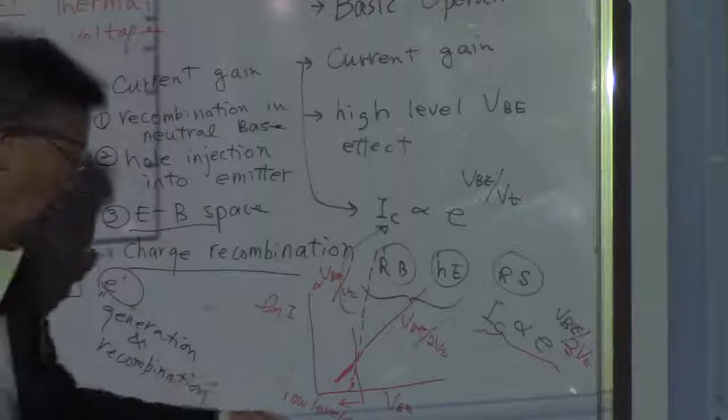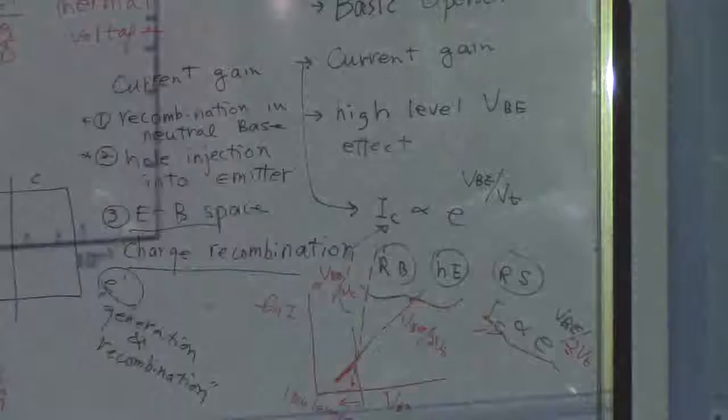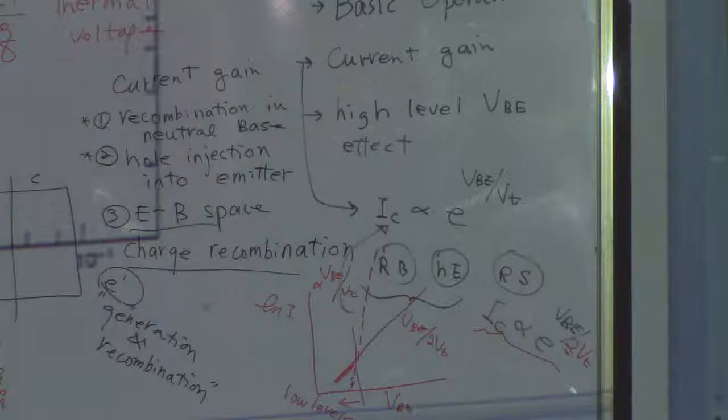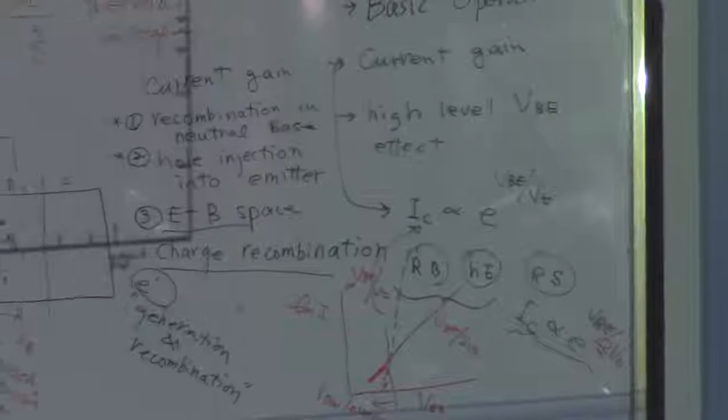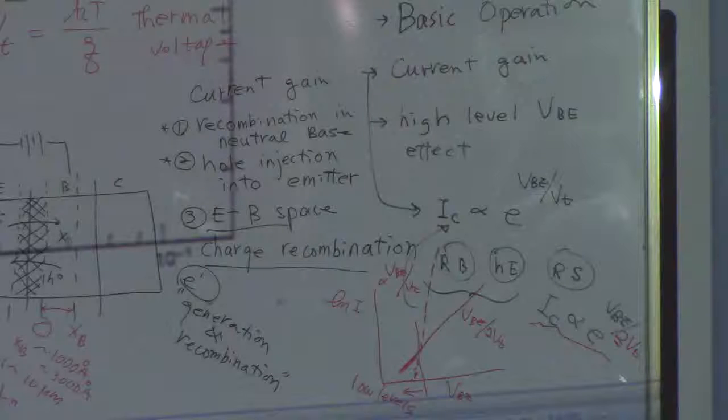At low levels, space charge region recombination is important, and that means that for hearing aids or pacemakers, which have to be operated with small signals, the space charge region recombination is more important than anything else.